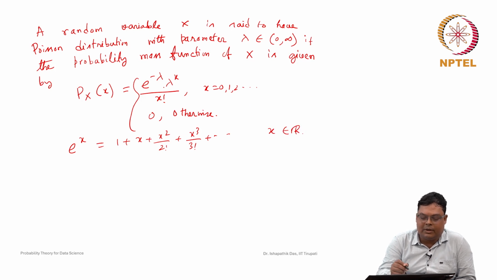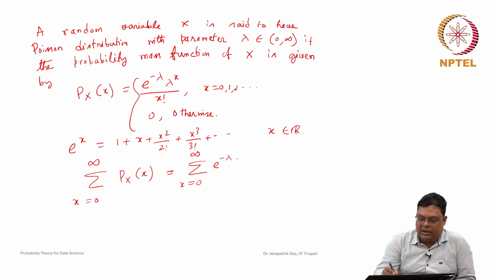This is a probability mass function, and if you take the sum over the real line, x equal to 0 to infinity, of e to the power of minus lambda, lambda to the power x by x factorial, it should be 1.